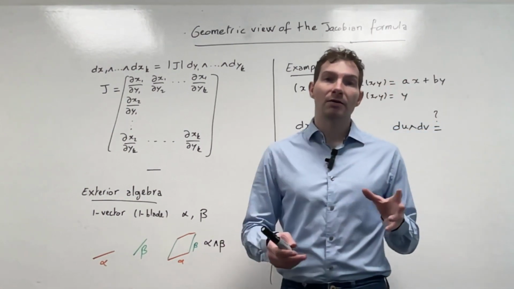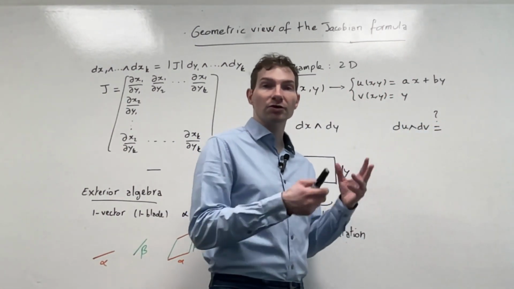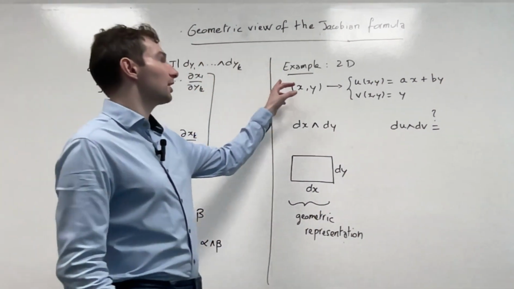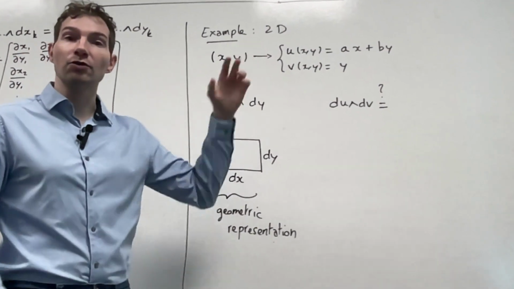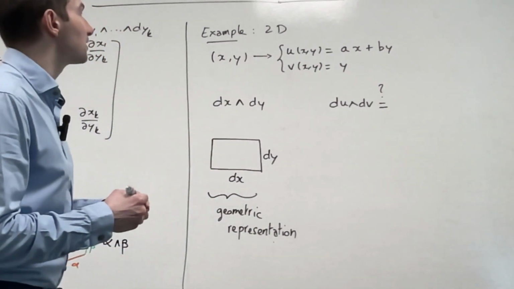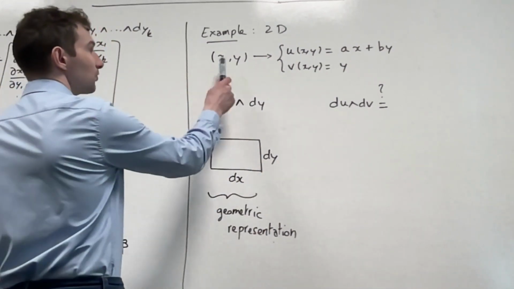And so what we can do, therefore, is try to see how that applies to the Jacobian formula. To illustrate this, let's have a look at a case in 2D. So the volume form is going to be two-dimensional. In that case, for the sake of illustration, I'm suggesting that we've got a map.